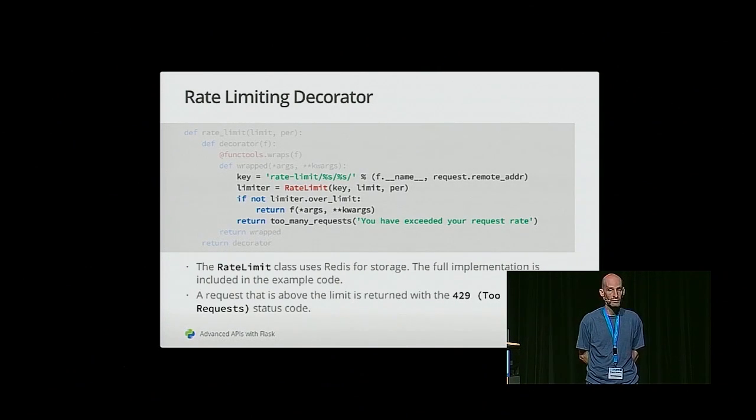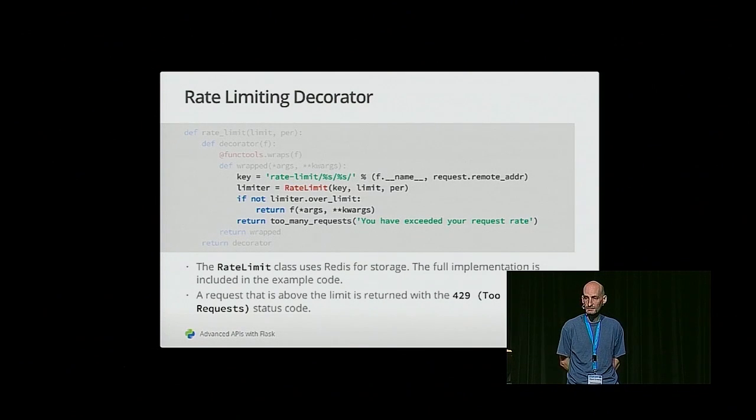If the limiter says that this client is over the limit, I send a too many requests error. So I could have said here abort 429. That's the HTTP code for too many requests. But remember that I said that I prefer to wrap all my errors with helper functions. And when you see this, you understand what it means. If I said abort 429, you'll have to go look up what that means. So this is better.